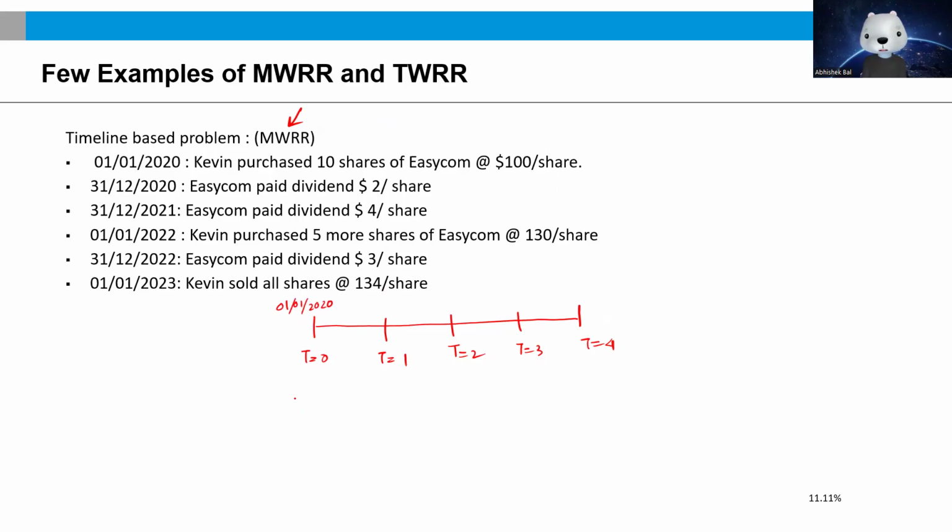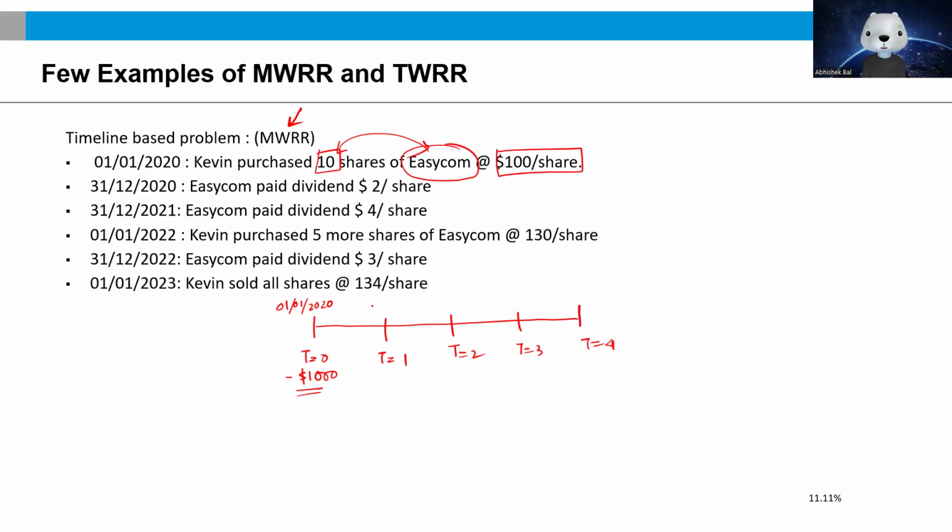Kevin invests around $1,000 by purchasing the shares of EasyCom. EasyCom is a fictitious company. I would not know if it exists in the real world, but that could be a very high degree of coincidence. So there are 10 shares that Kevin purchases of EasyCom at $100 apiece. That means he has invested $1,000 at time t equal to 0.